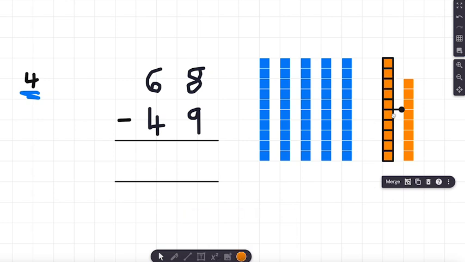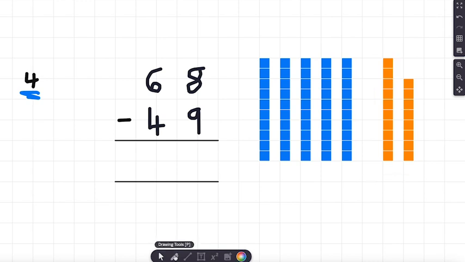So I've turned that into 10 units. Obviously 1 10 is the same as 10 units. I now have 18 units. So I've taken away one of these 10s, so I now have 5 10s. I've turned it into 10 units, so I now have 18 units. Now I can do 18 subtract 9.